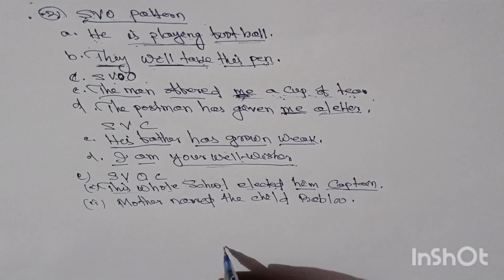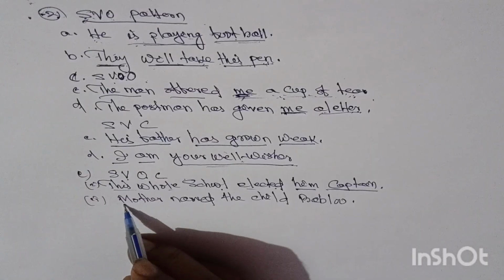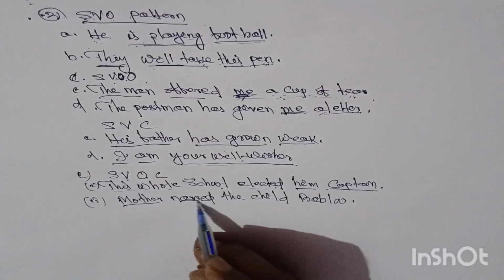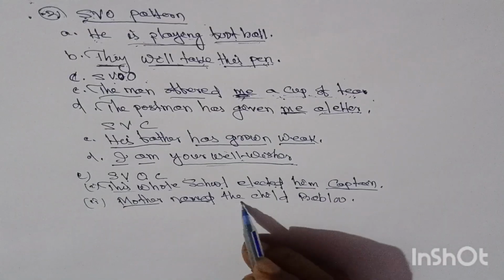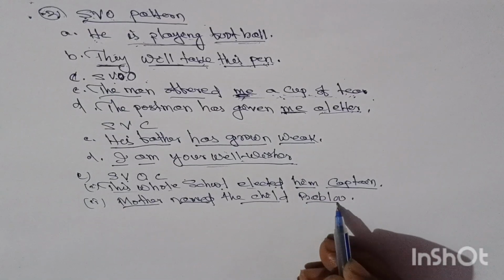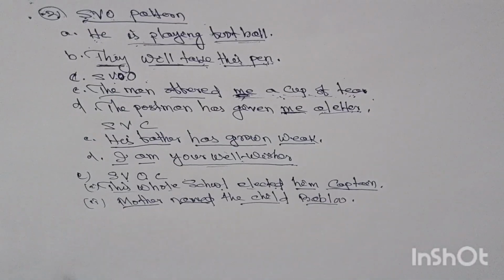Here mother is the subject, named is the verb, the child is the object, Bablu is the complement. So it is also SVOC. In this way, you know all the patterns, which helps you to know which pattern the sentence is.